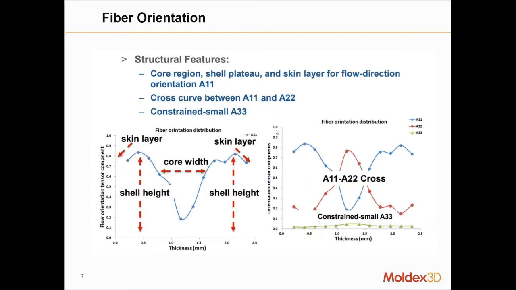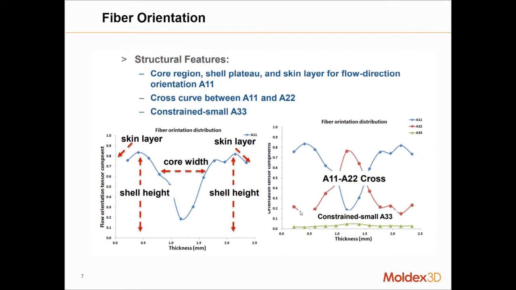The fiber orientation component over here on the y-axis is the magnitude of orientation in that particular direction. Like I mentioned, with the A11 curve here, the fiber orientation is going to be very well aligned in the shell region, but very poorly aligned in the core region. The transverse to that is almost completely opposite.